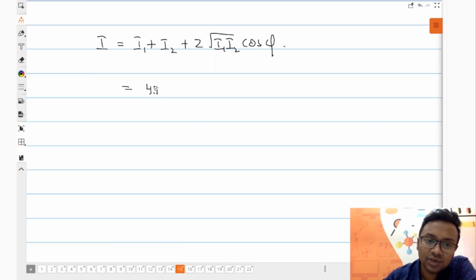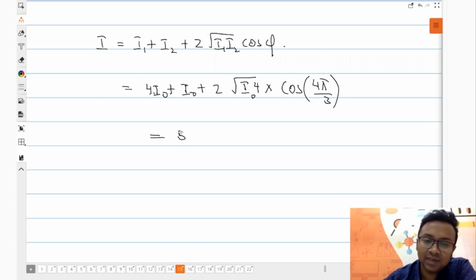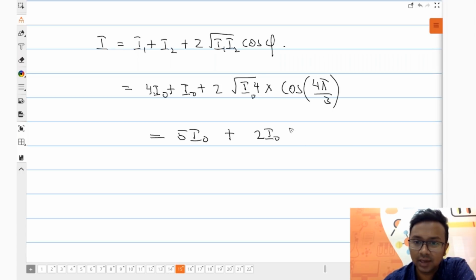4 I naught plus I naught plus 2 into 4 I naught square, all right, into cos of phi, that is like 4 pi by 3. Students, if you solve it, this becomes 5 I naught plus 2 I naught, clear?